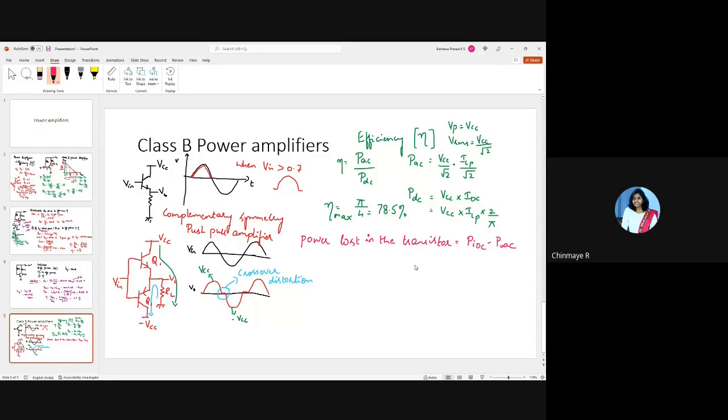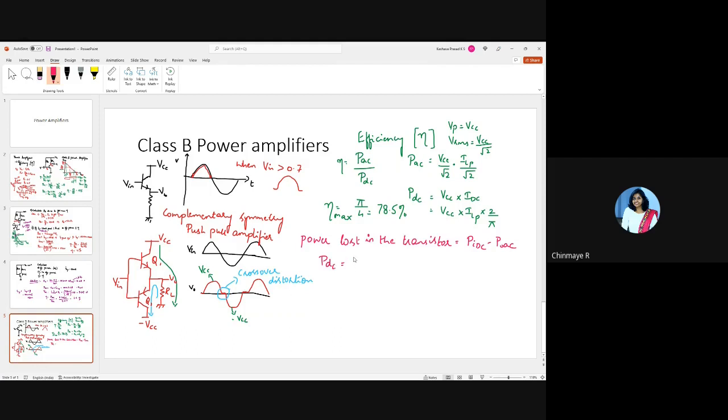So now let's do a little bit of calculations on this and see how much of power is lost in transistors and for what value of the output load voltage is the power lost in the transistors maximum. Okay. So now here we have already found out PDC, right?